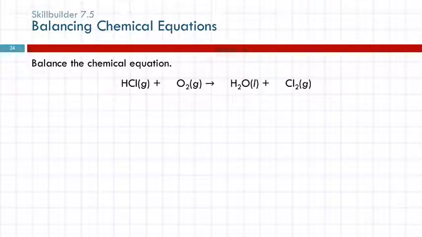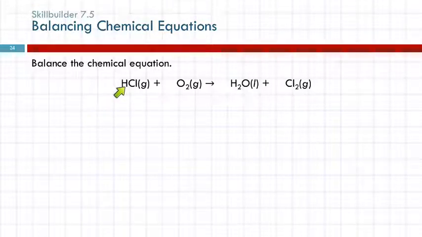Let's do another one. So this is more like what you might see on a test, where you're given the skeleton equation and you just need to balance it. So again, I find it works much of the time to just start with the first element.